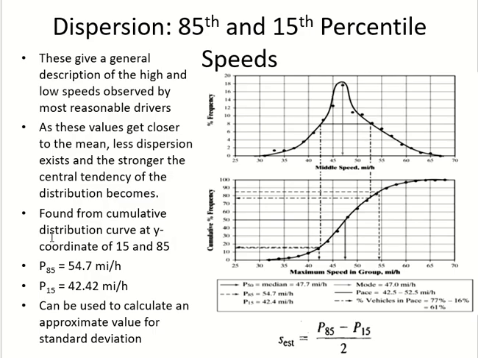So when we say 15th percentile, that means 15% of the data lies at this value or before. Same thing with the 85th percentile: 85% of the data lies at this value or before. When we say this value or before, which percentage are we talking about? Cumulative, right? The cumulative percentage. So all percentiles are taken from this graph.